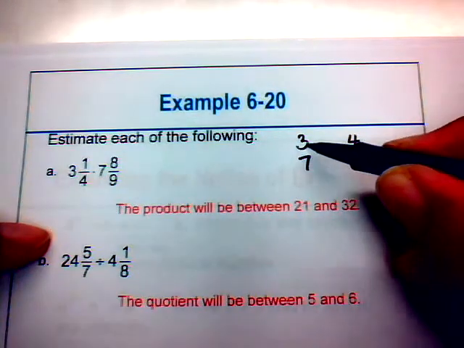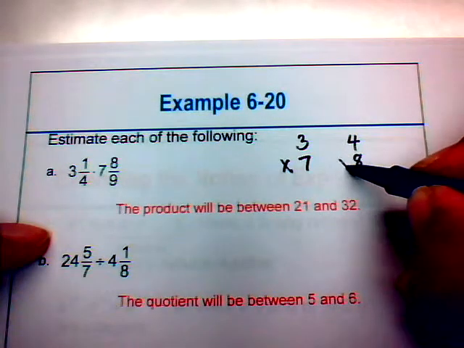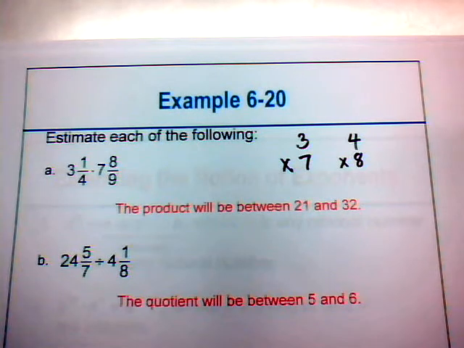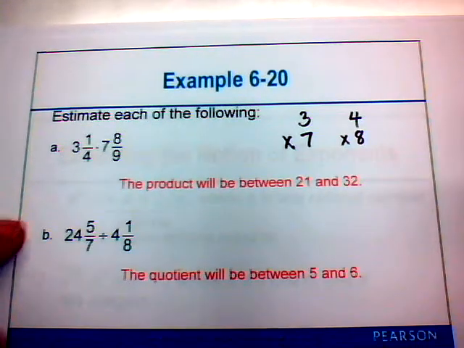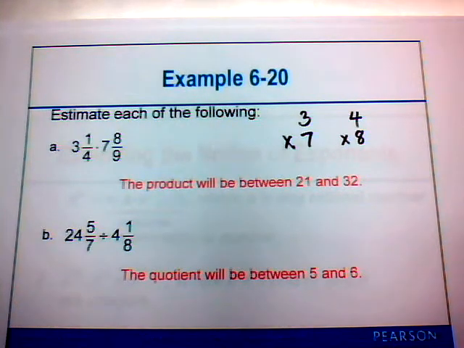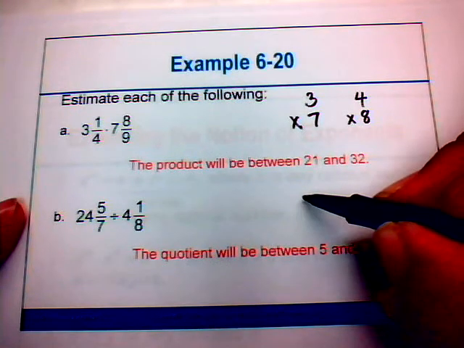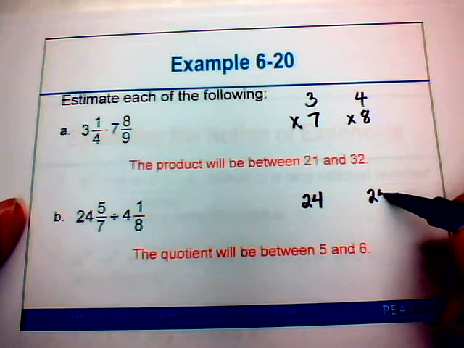Now multiply 3 times 7, you get 21. 4 times 8, that's 32. So the product of these two mixed numbers will be between 21 and 32. Okay, now for 24 5/7 divided by 4 1/8. That's going to be a little bit tricky because the two whole numbers that 24 and 5/7 is in between are 24 and 25.